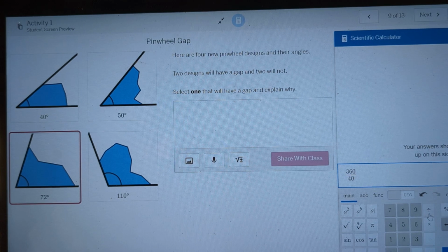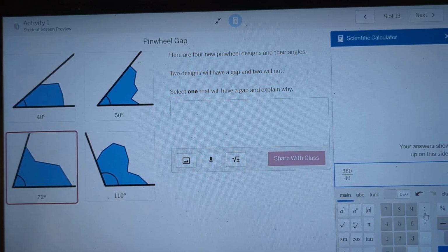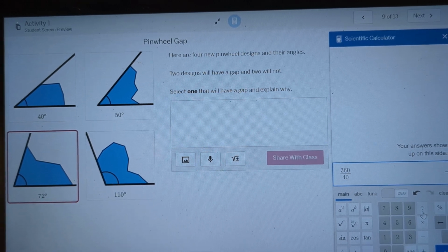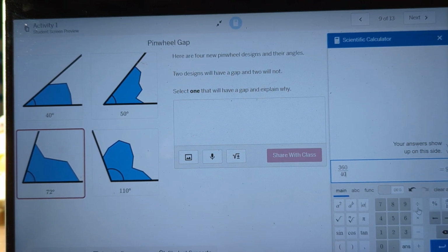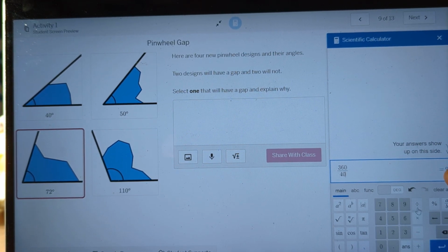See? Okay, see, we get 9. So now that we got 9, we know that one will not have a gap.